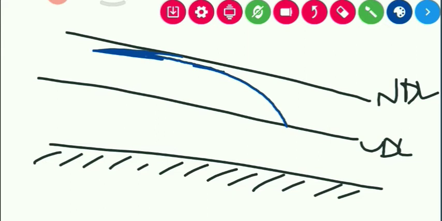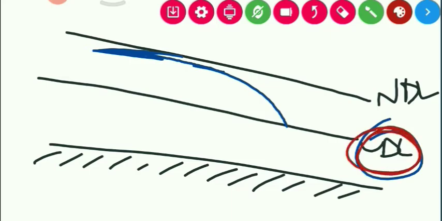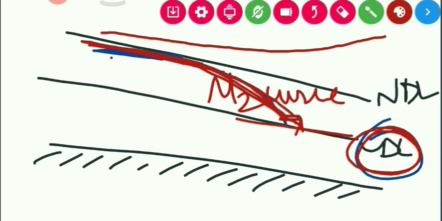At the critical depth line, the water surface meets it perpendicularly, and here it will be tangential. Okay, so this is the M2 curve. So this was the M1 curve, this is the M2 curve.